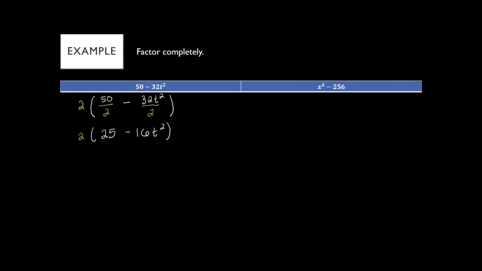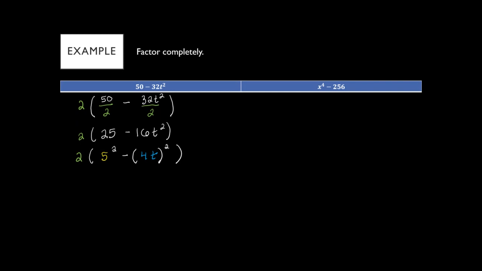So I'm going to rewrite this in their squared form. 25 is 5 squared. And then 16t squared, so 16 is 4 squared, and then t squared, so that's going to be 4t squared.